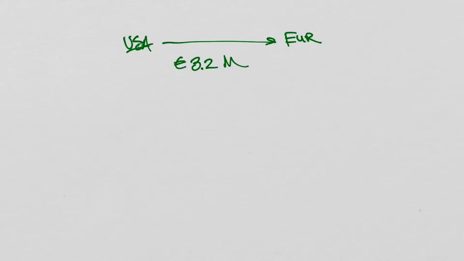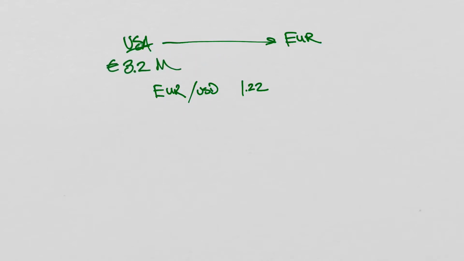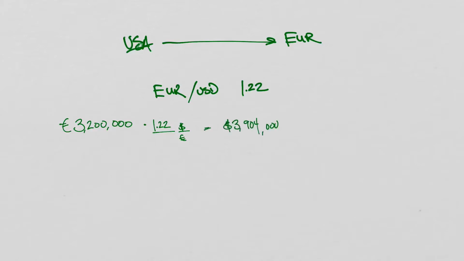If the exchange rate at the time is $1.22 per euro, then we can calculate that the total revenue in US dollars to this US company is going to be 3.2 million euros times $1.22 per euro, which equals 3.9 million US dollars.